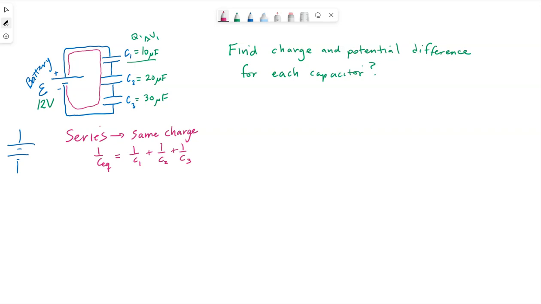Okay. So in this specific problem, we can say 1 over C equivalent is 1 over 10 microfarads plus 1 over 20 microfarads plus 1 over 30 microfarads. Now, I can totally plug this into my calculator, or I could go ahead and find a common denominator. Either way is fine.